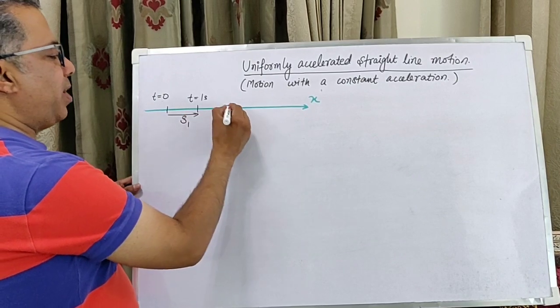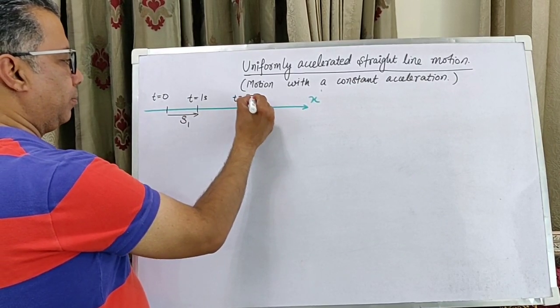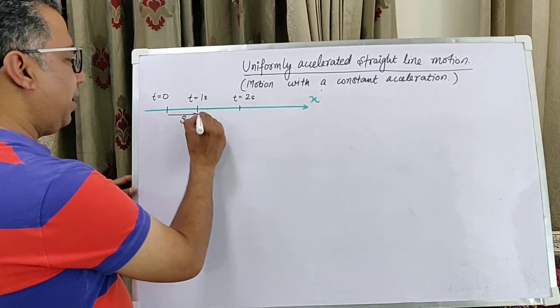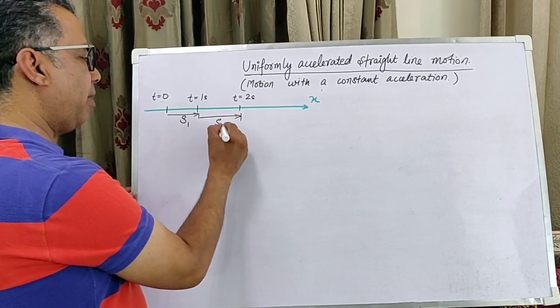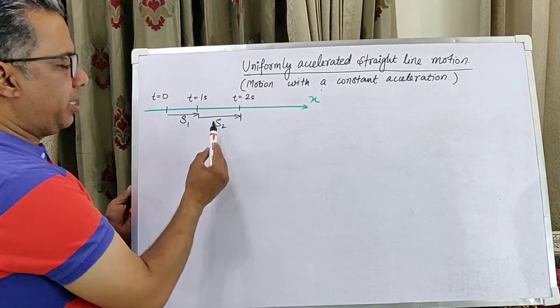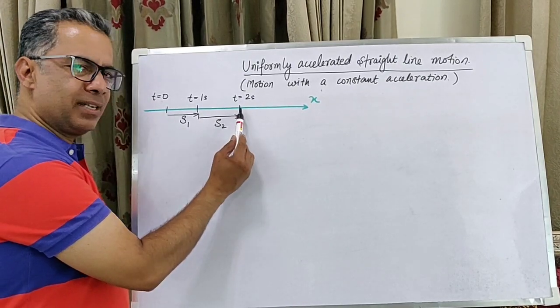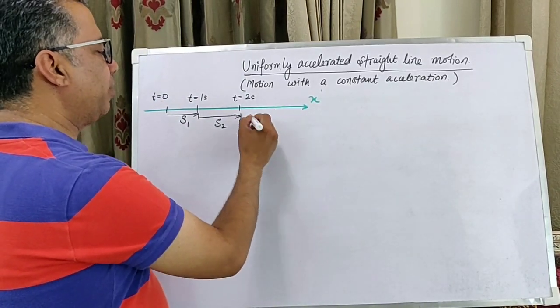Now from t equal to 1 to t equal to 2, this is another 1 second time interval, and the displacement during this 1 second interval will be called S2, or the displacement during the second 1 second interval, and so on and so forth.